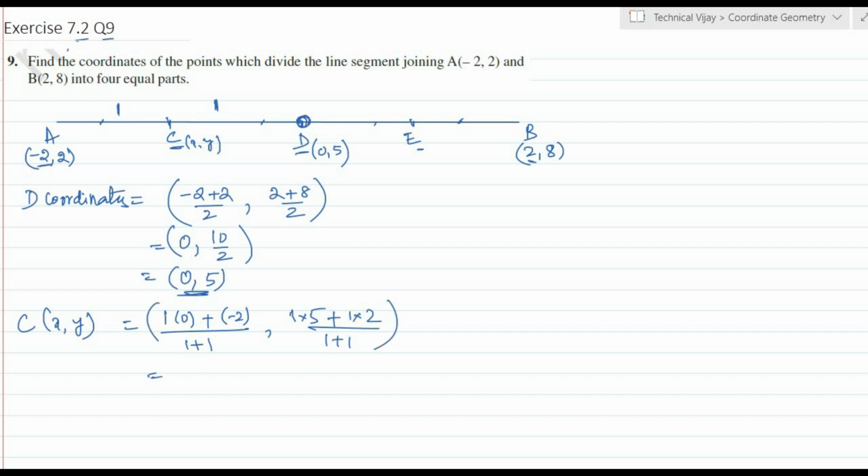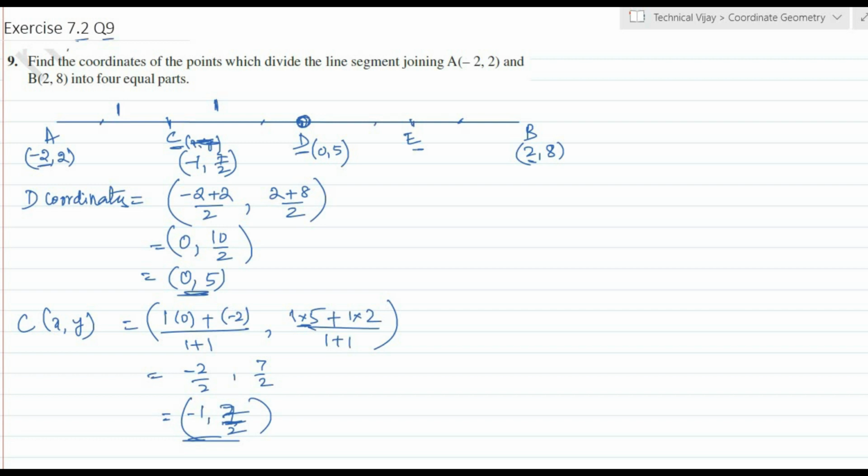So here 0 minus 2 divided by 2, and 5 plus 2, 7 divided by 2. So here minus 1 comma 7 by 2. This is C's coordinates.